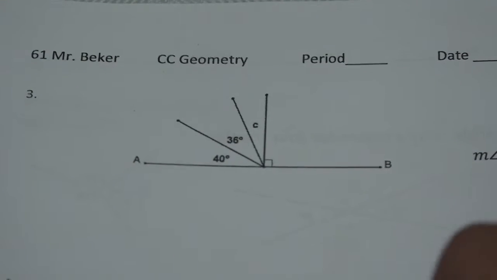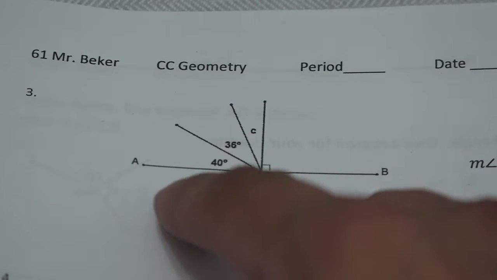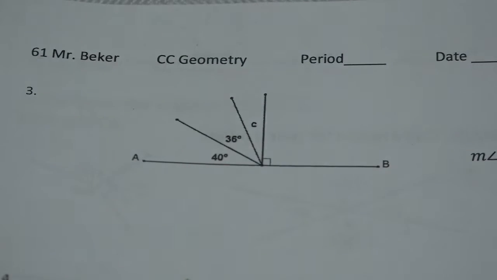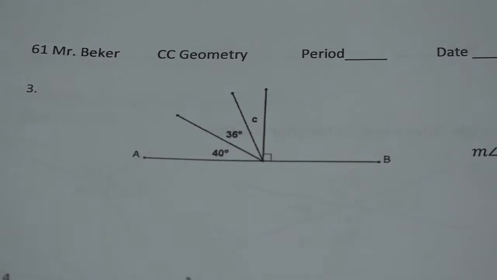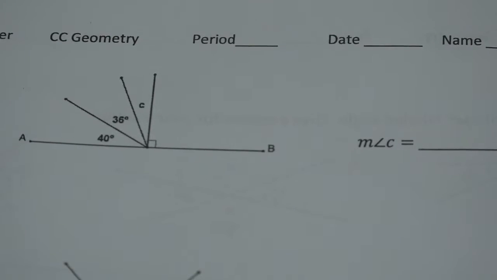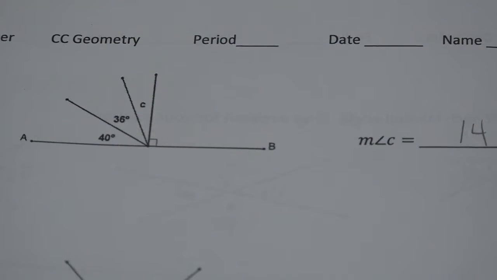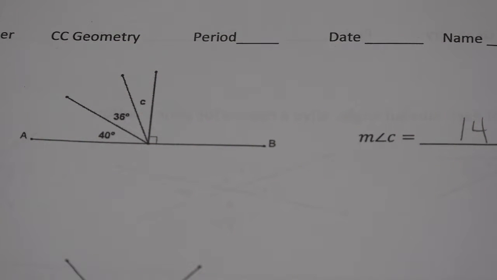Okay, right away I know that these are consecutive angles, so you already know that that's going to be your answer. All right, now what's the measure of angle C? Right, 14. Okay, let's move on. Let's continue with the next ones.